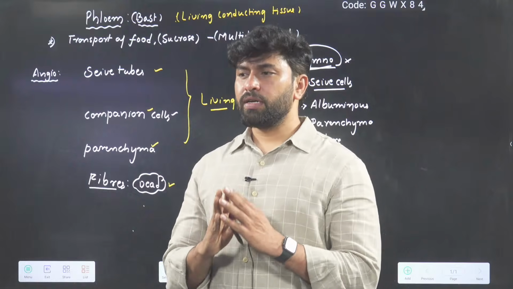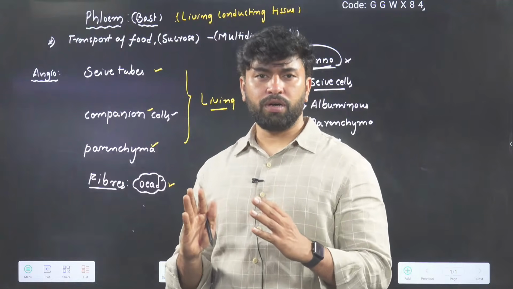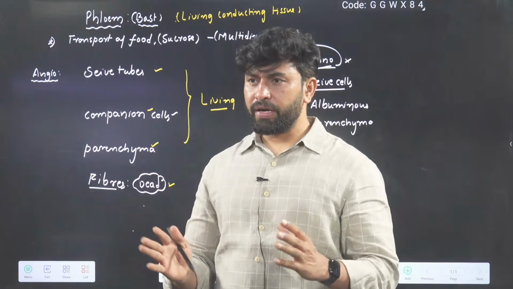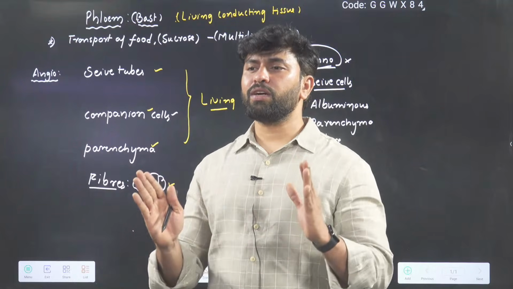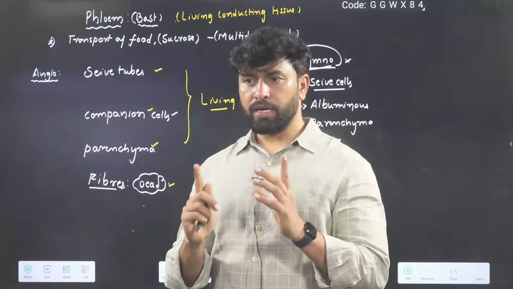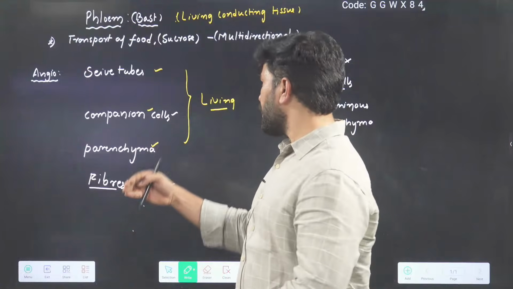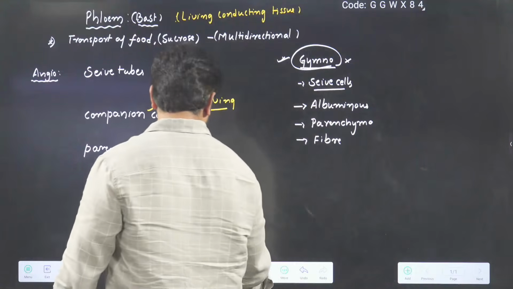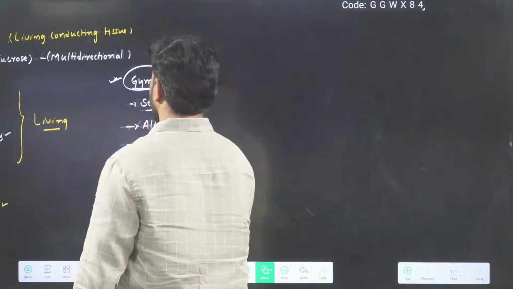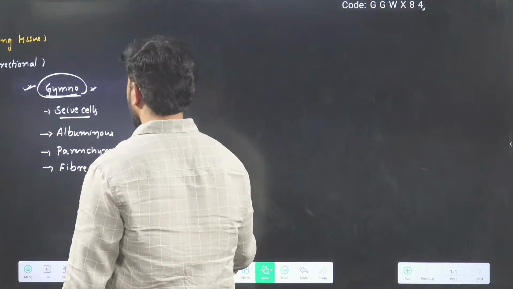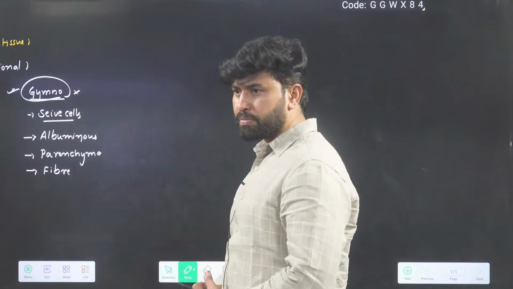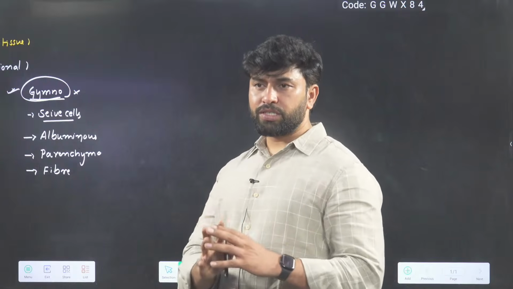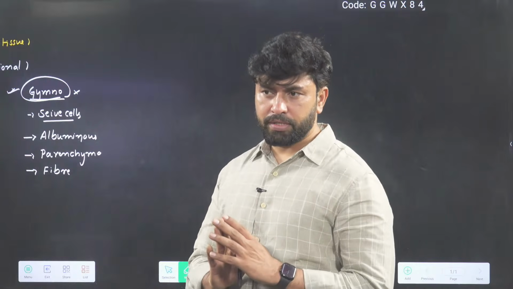It performs transportation of food and water, and never provides mechanical stability. Mechanical stability is not an account of phloem. Okay, then let us see one by one how these cells are arranged and their nature. Hereafter I am talking only about angiosperms. Our discussion is not about gymnosperms at all.